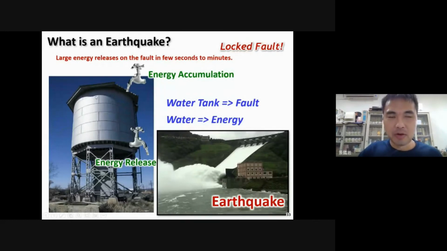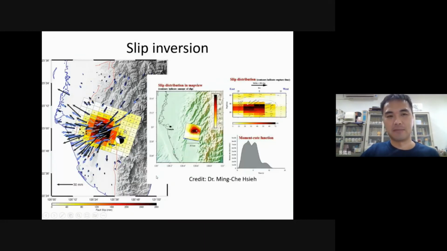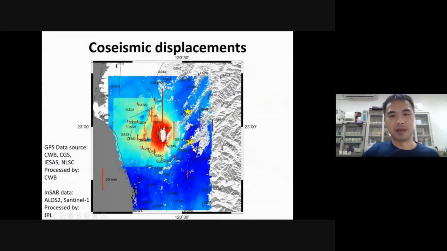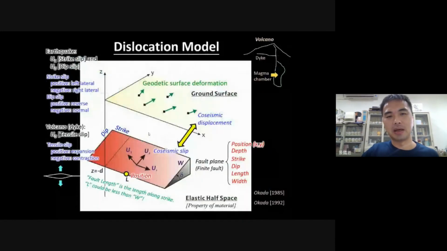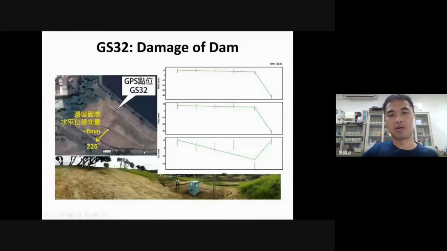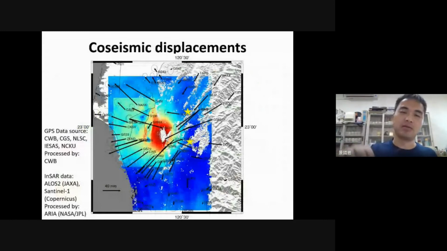We can also estimate the energy released during the earthquake based on the surface deformation pattern like this InSAR. Based on this dislocation model, we can also generate the line of sight displacement.